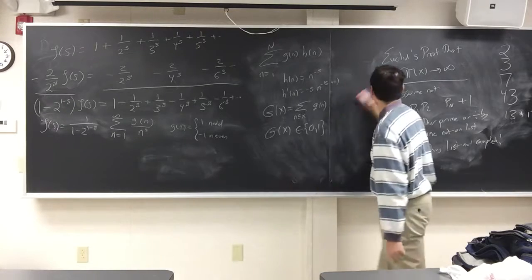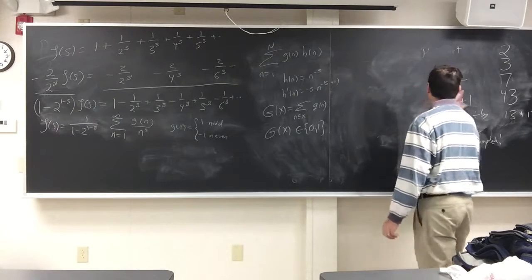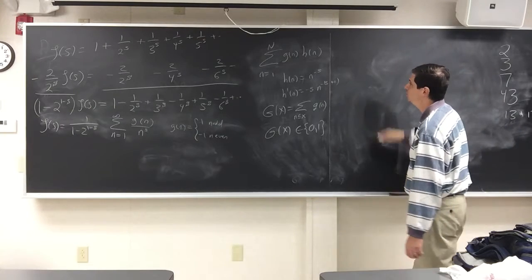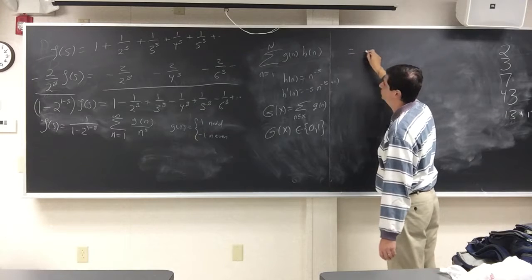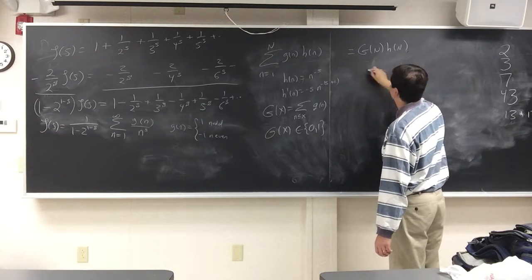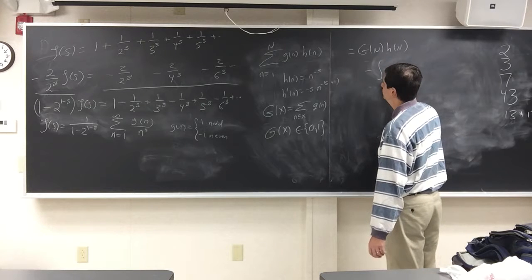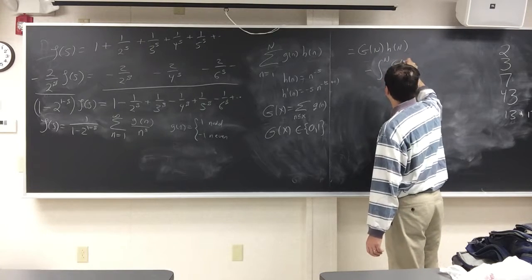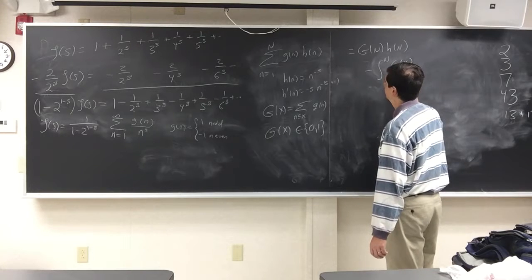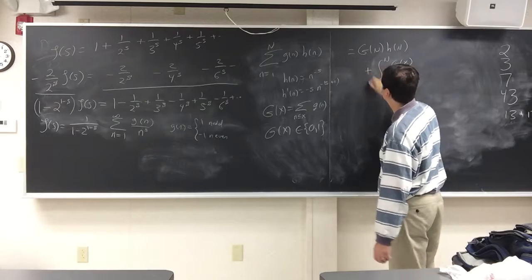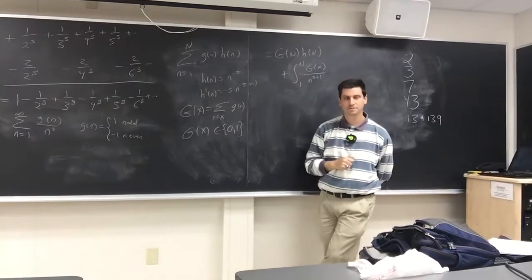And so now, when we go through and try to figure out what that sum is equal to, using partial summation, we get that this is equal to g of n h of n minus the integral from 1 to n of g of x over x to the s plus 1, and the negative sign makes that a positive.